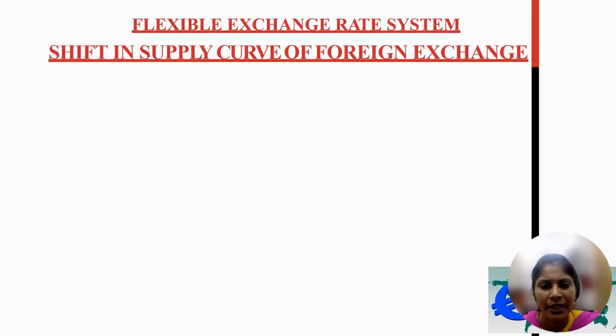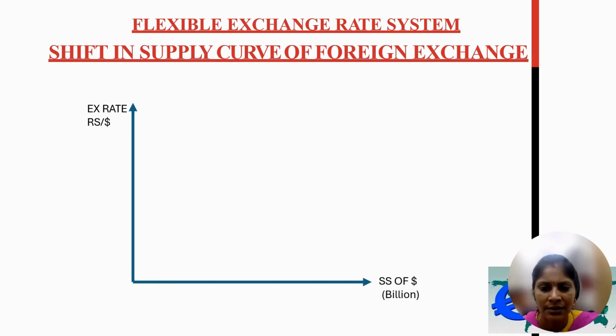Now we will explain the shift in the supply curve through a graphical representation. The y-axis is the exchange rate, rupee per dollar, and the x-axis is the supply of dollars in billion. The existing supply curve is an upward sloping curve, SS of dollar.